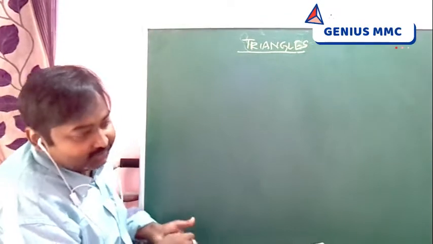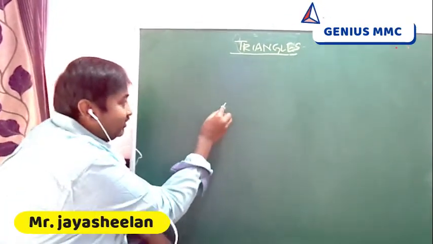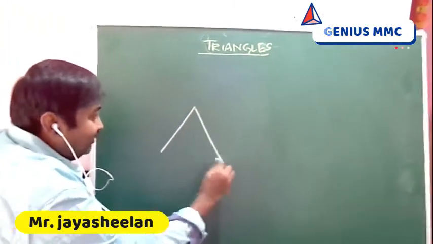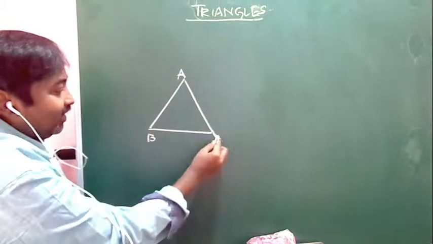Statement of the basic proportionality theorem. ABC is a triangle.